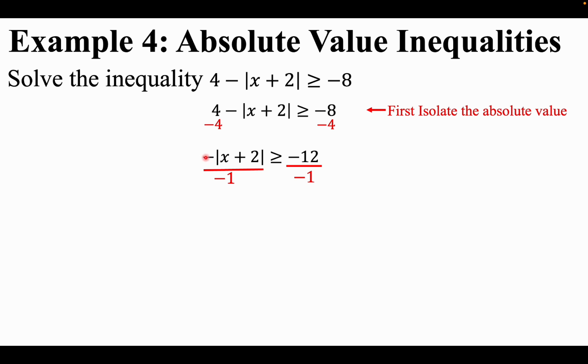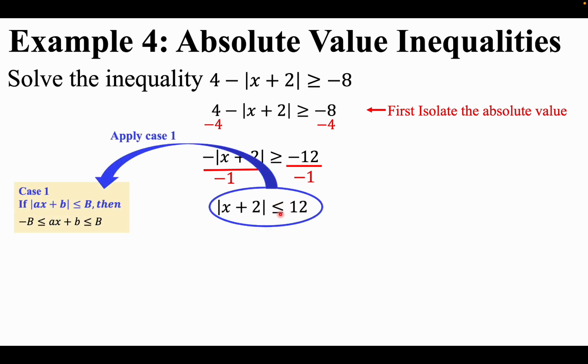Remember, when you divide or multiply by a negative number, the symbol is going to switch over. Right? Every time you divide or multiply by a negative, you have to reverse the symbol. And then negative divided by negative is positive. Now this is a less than or equal to symbol.